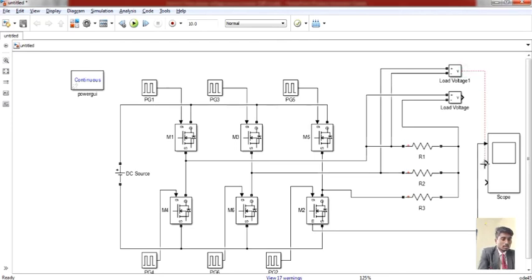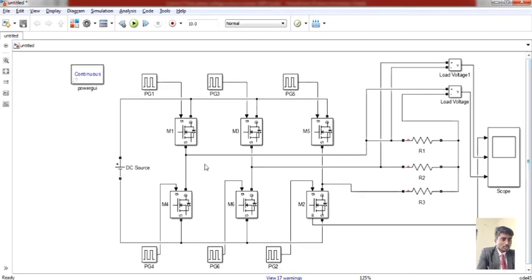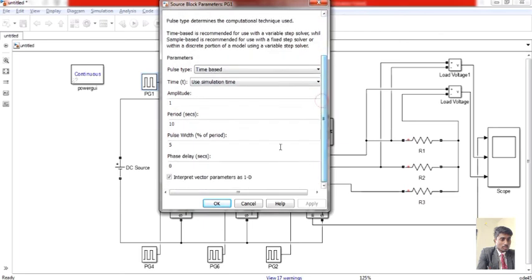We need to change the value with 60 angles divided by 360 to get the sinusoidal 3-phase output. We put the same values as in gate pulse 1, only changing the phase delay to 60 divided by 360, for the phase difference of 60 degrees.